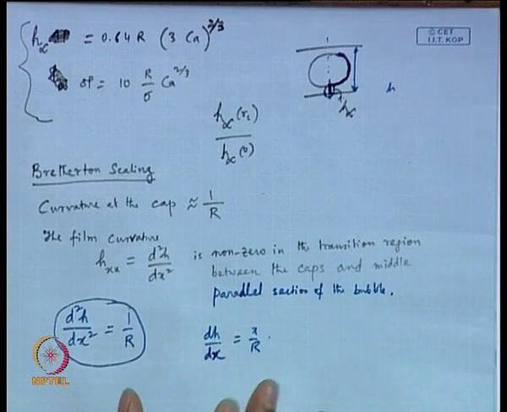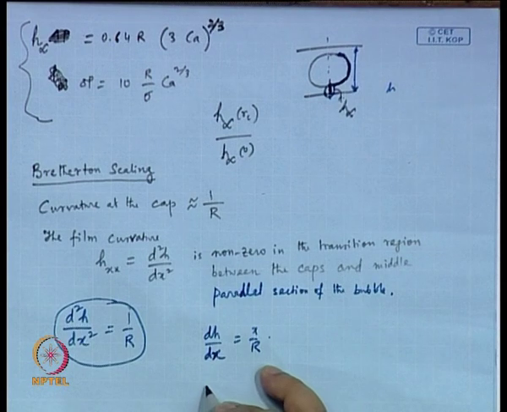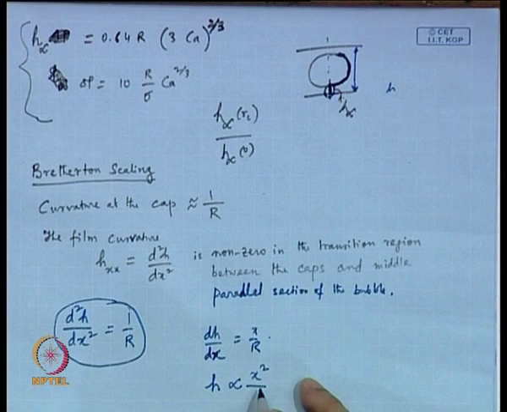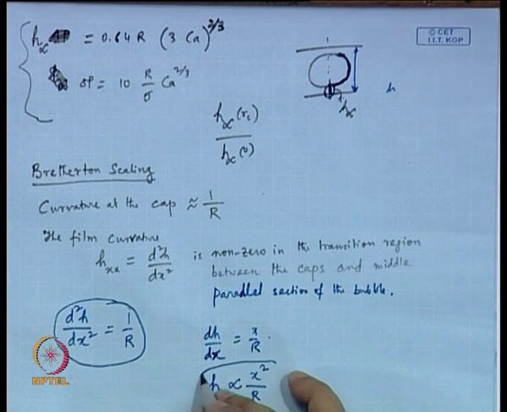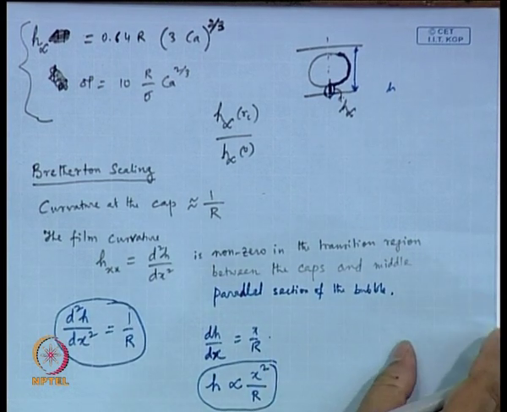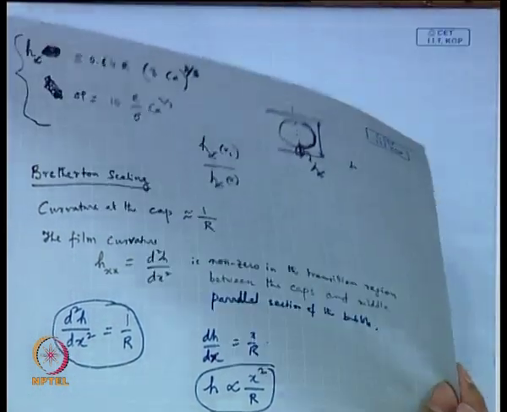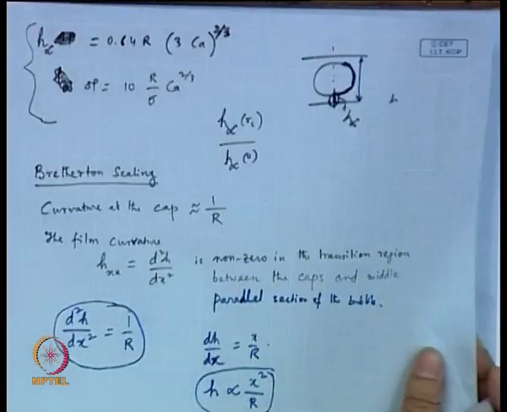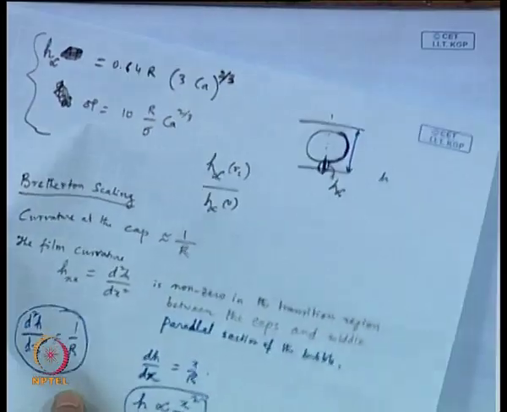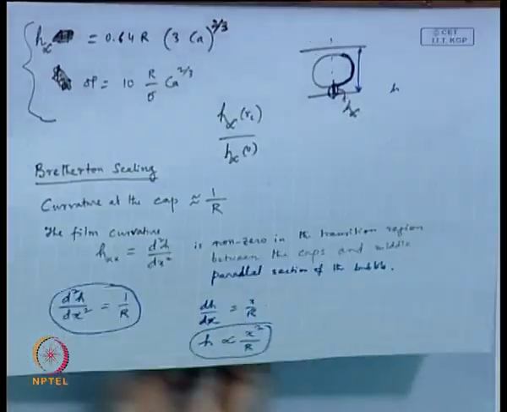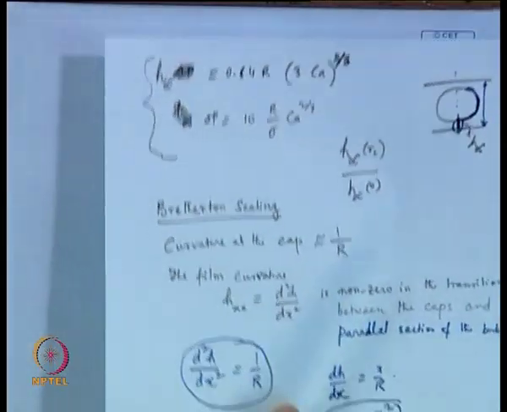The bottom line is that they have said that H is proportional to x square divided by r. They came up with this relationship by integrating it twice. It is not a rigorous analysis. Once again, the objective here is to find out what would be the scaling.